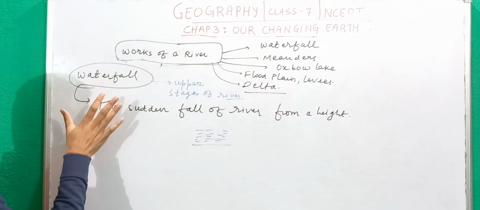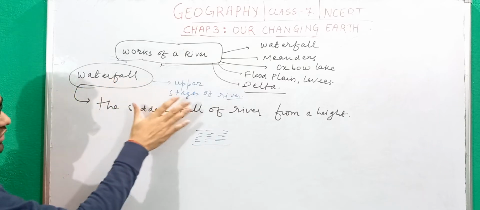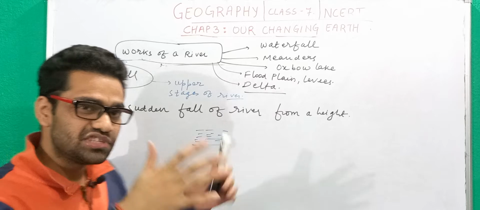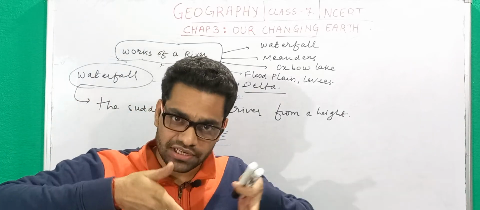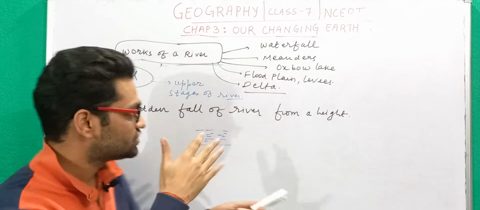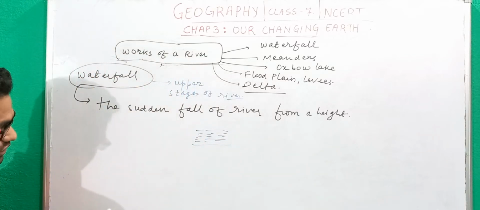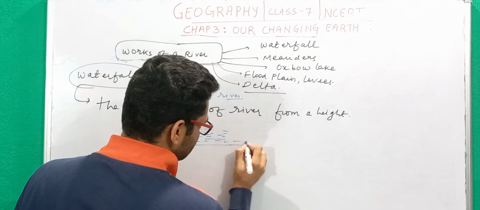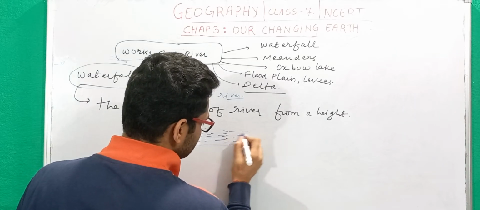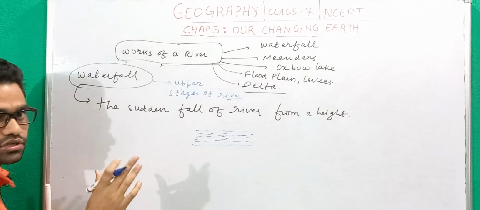So first of all, understand that this waterfall you will find in the upper stages of a river, meaning the river has just originated. Okay, the river has just started flowing. In such a stage you will find waterfall-like features. So suppose the river is flowing on the mountain.